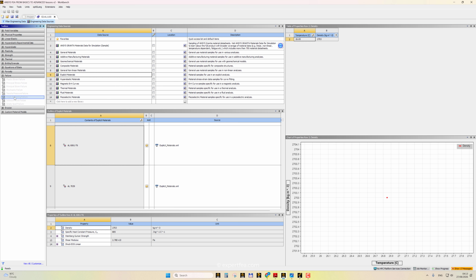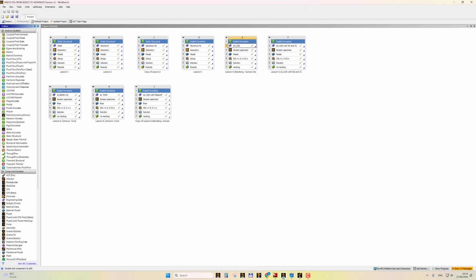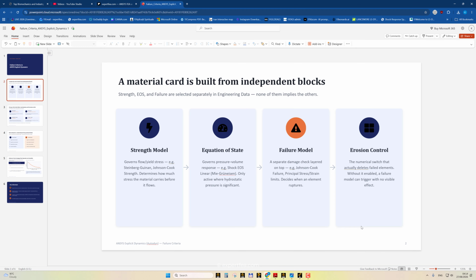Instead, we can apply them or define them from this type of failure. It's not active because these are not changeable. They can be changed only from here. For example, we do have this aluminum defined with Johnson-Cook strength, but if I double click, we can insert a Johnson-Cook failure, for example. All right, so let's turn back to the PowerPoint.